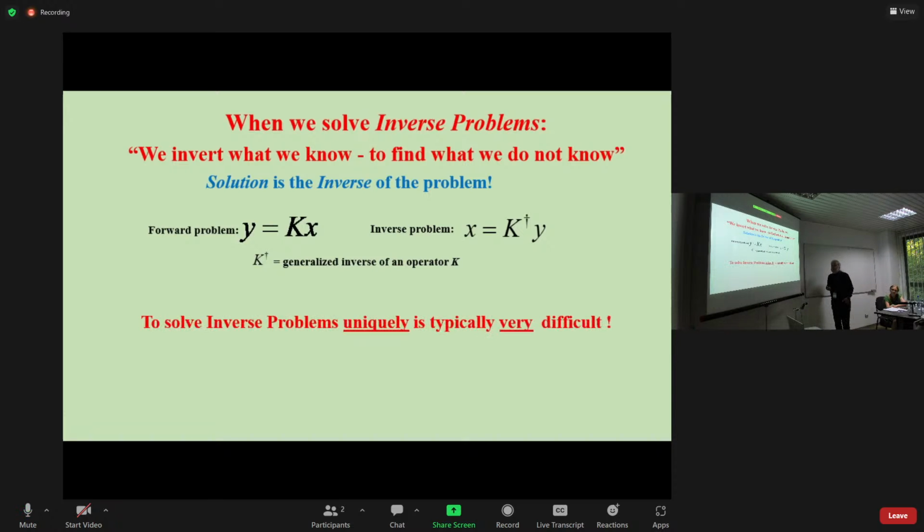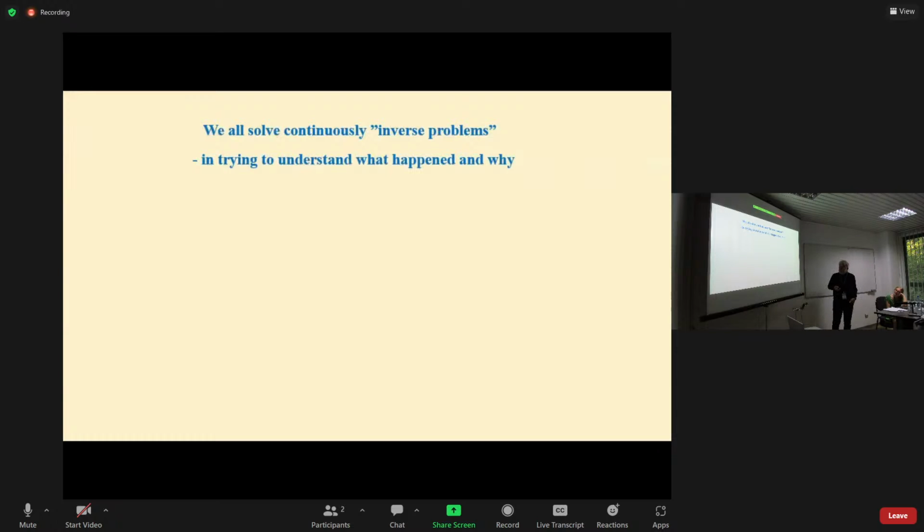But to solve inverse problems uniquely is typically very difficult, and this depends on inconsistencies and noise in the available data, and also the parameter space is often very, very large. You have to explore. But we continuously solve inverse problems. Every day we are trying to understand what just happened and why.